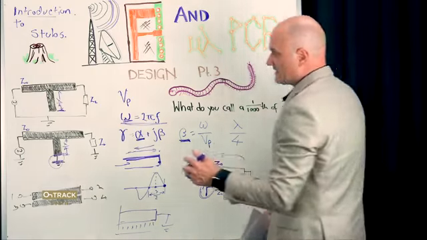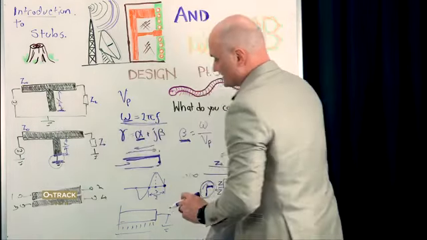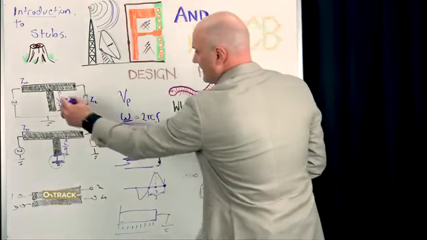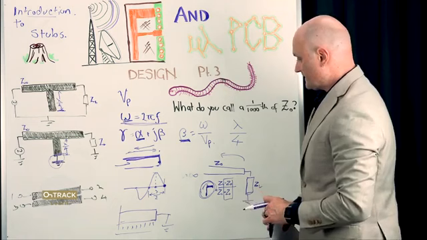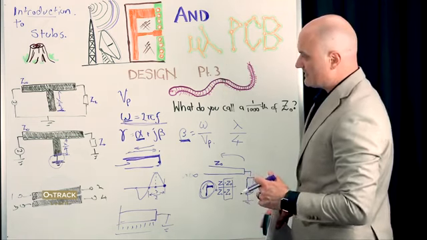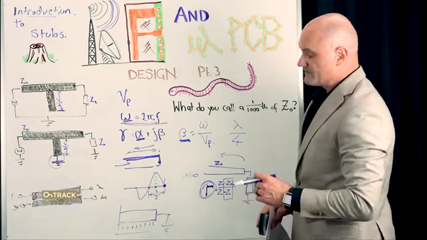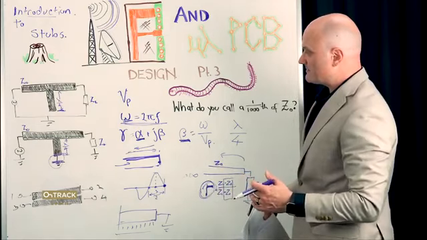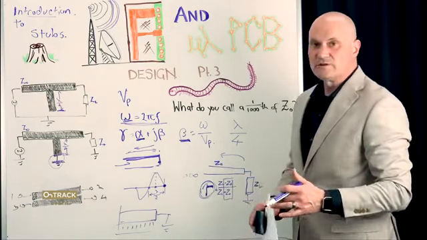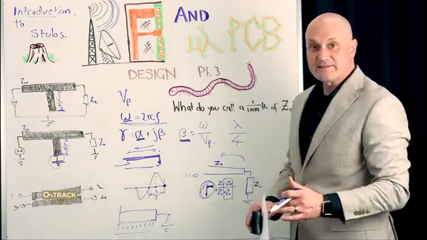And the same thing with an open circuit stub. Anything less than half a wavelength long, it's mostly capacitive. And so we can use these as tuning elements and filtering elements. And these stubs therefore form the basis of almost all the other structures you see in microwave PCB designs.